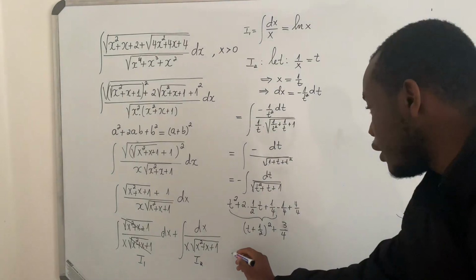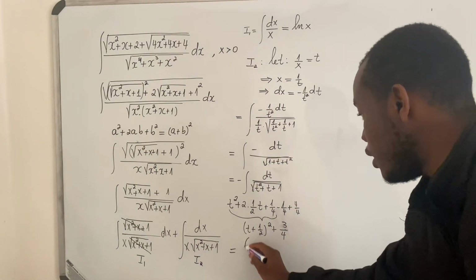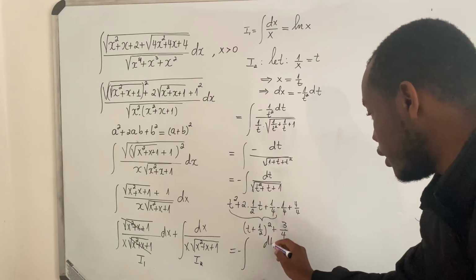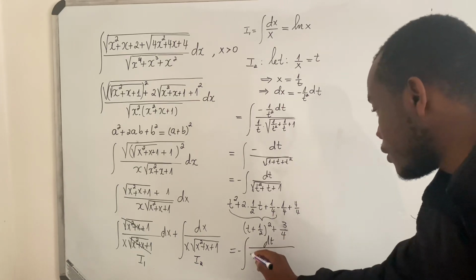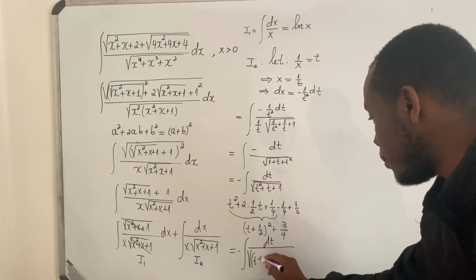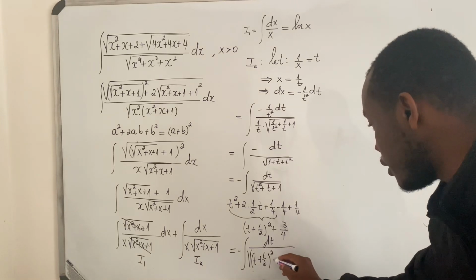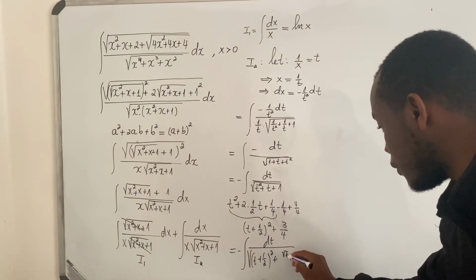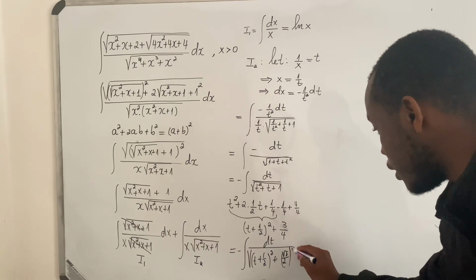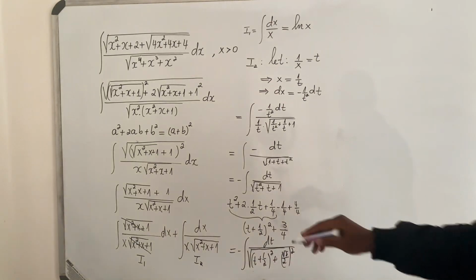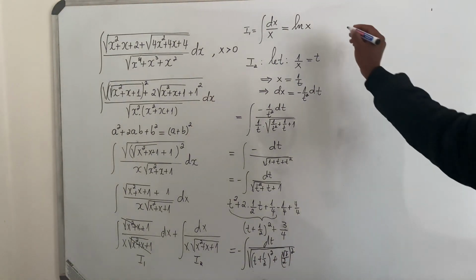We're going to have this equal to negative integral dt over the square root of t plus 1 over 2 squared plus, I can put, the square root of 3 over 2 all squared. There is no problem.